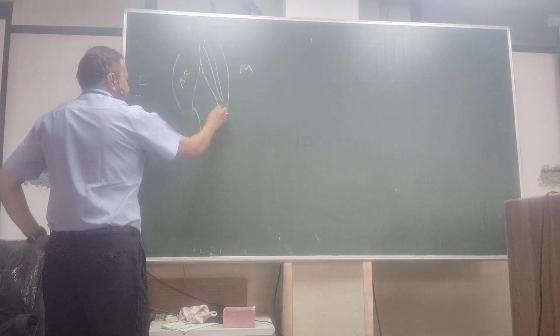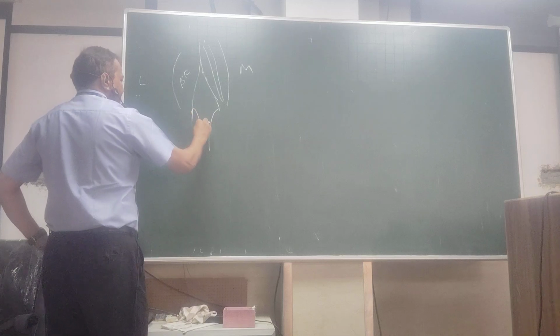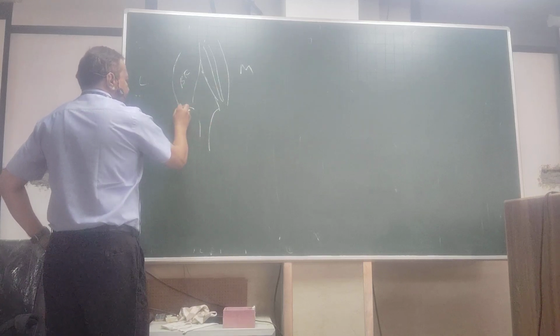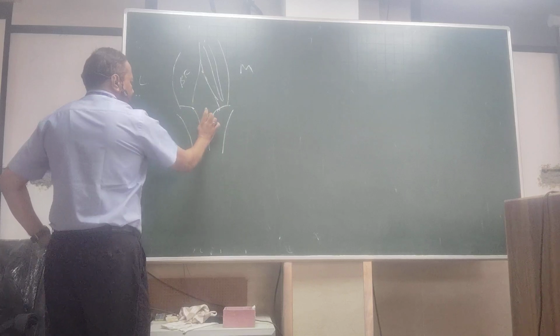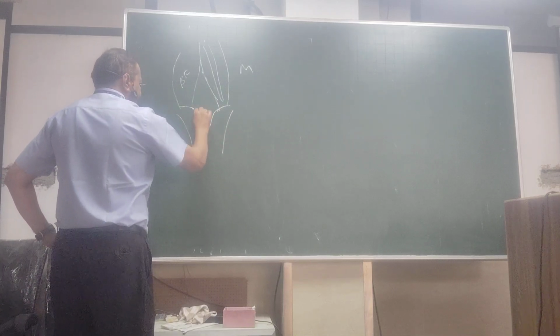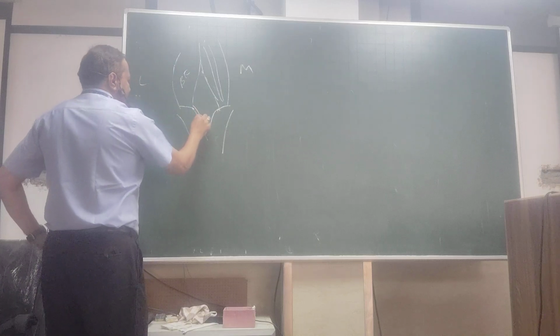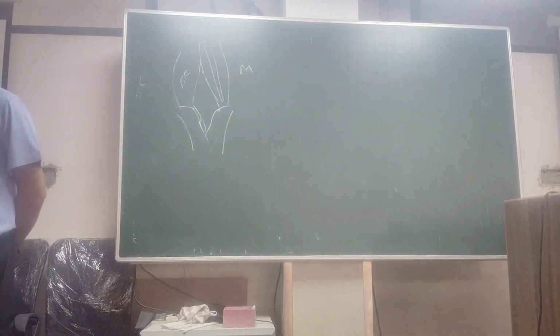And here are the gastrocnemius muscles. Okay, medial head of gastrocnemius and lateral head of gastrocnemius. And on the lateral side is one more muscle called plantaris. So these are the boundaries of the popliteal fossa.